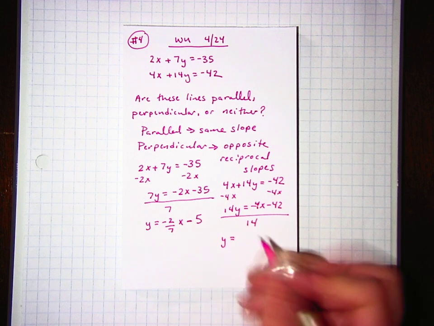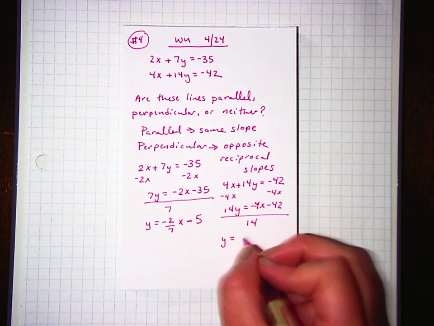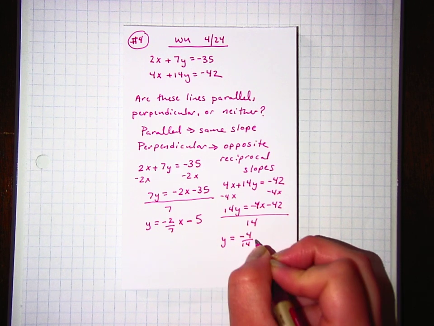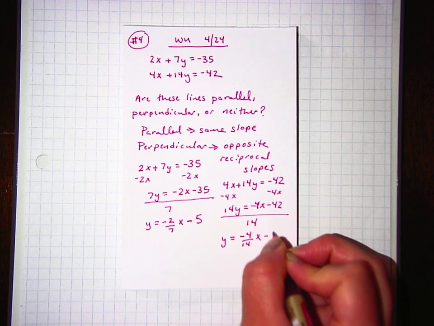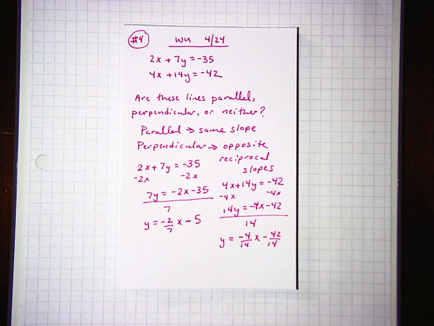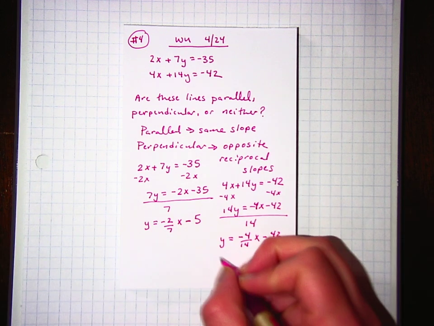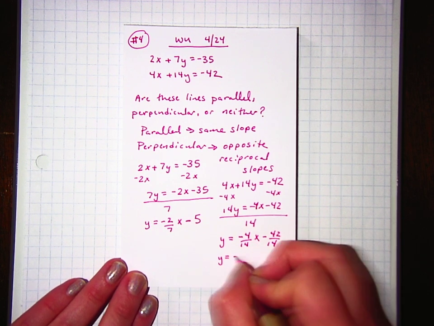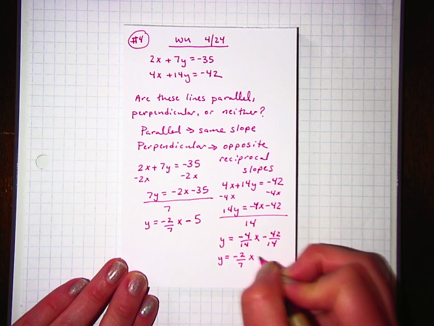So y equals negative 4 over 14 x minus 42 divided by 14. Okay, so if you take 42 and you divide it by 14, you get 3. So this is y equals, if I reduce this one, if I take a 2 out of both, I get negative 2/7 x minus 3.